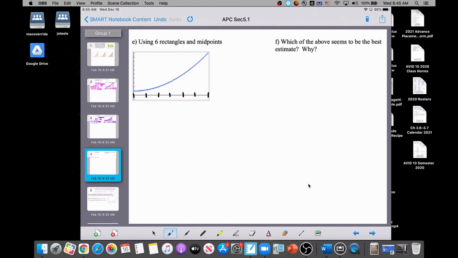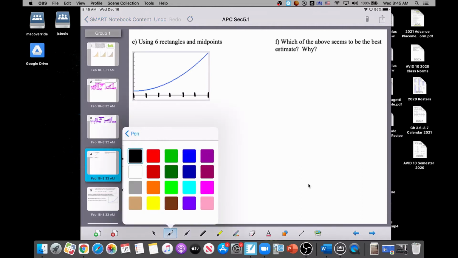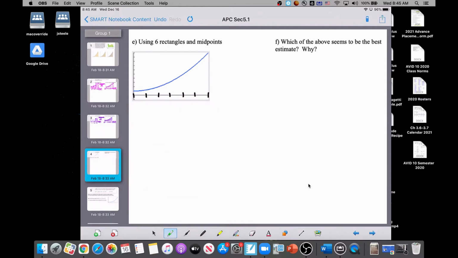If I'm going to use a midpoint, then the height of the rectangle is taken exactly in the middle of the interval. So my midpoints are going to be in these locations right here, exactly in the middle of the interval I've created on the x-axis. So now my rectangles look like this.